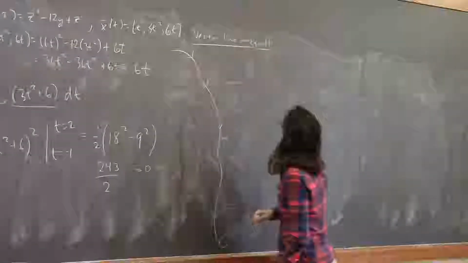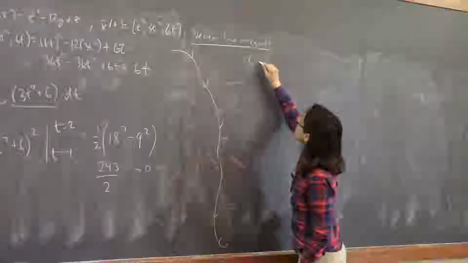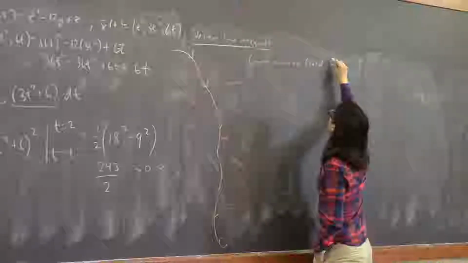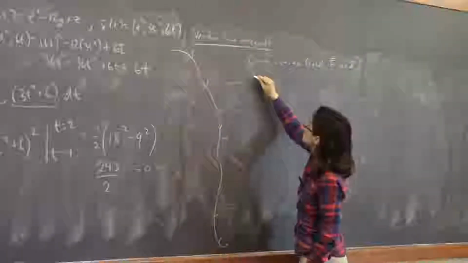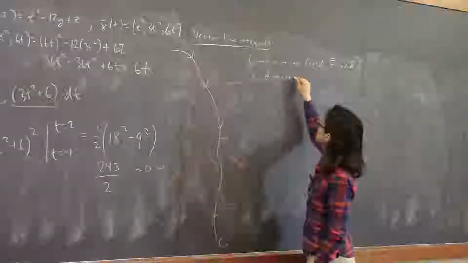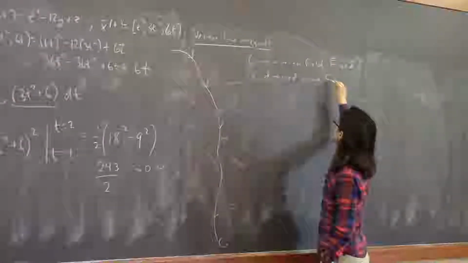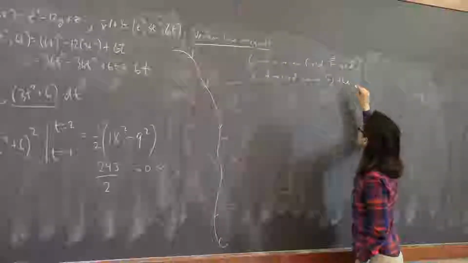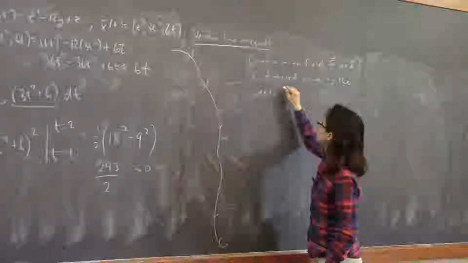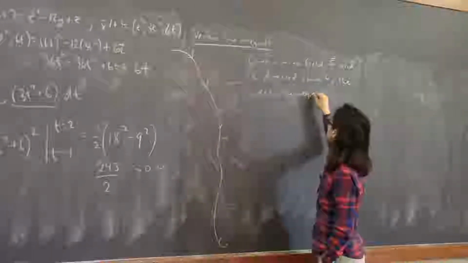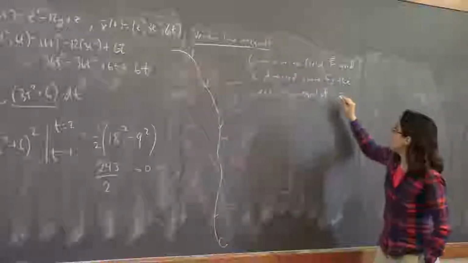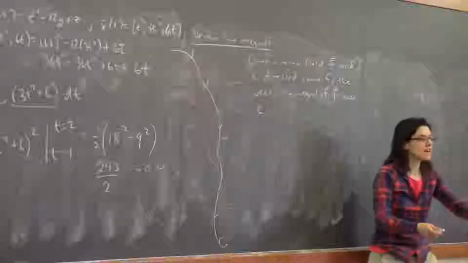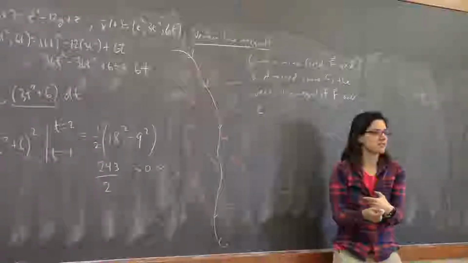So a vector line integral is given a vector field F and a directed curve C. So a curve with an orientation, a curve that you know where it's going. The vector line integral of F over C, well, it measures how much the vector field points in the same direction as the curve.